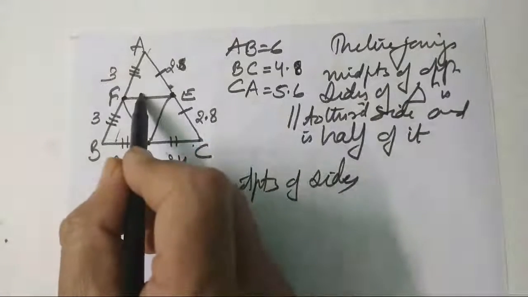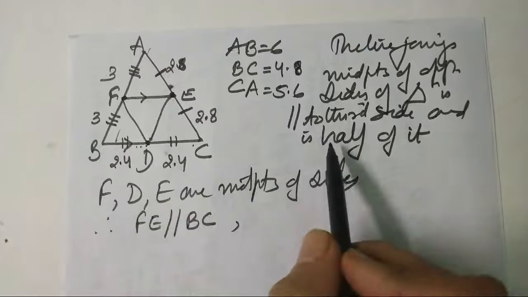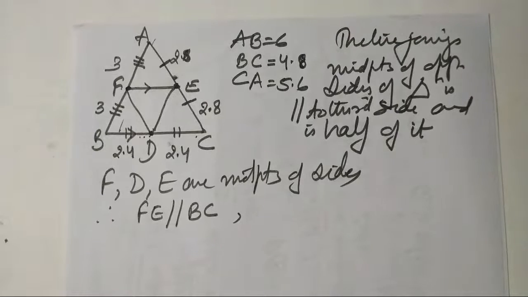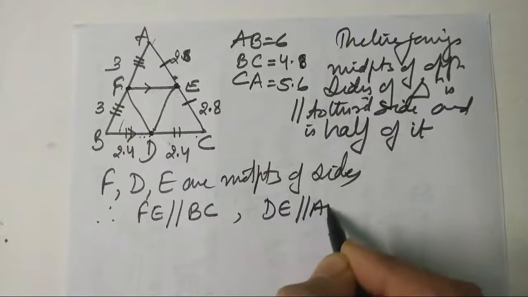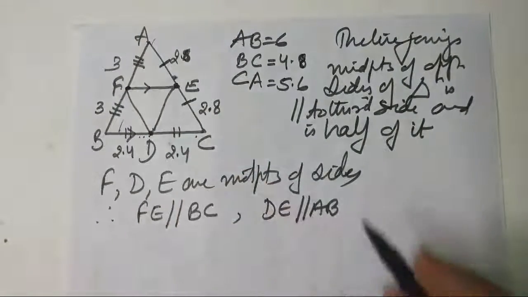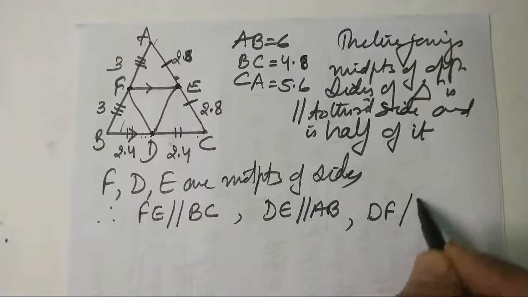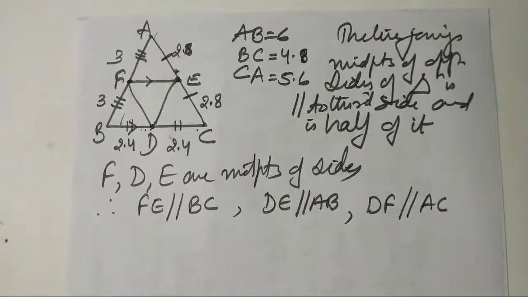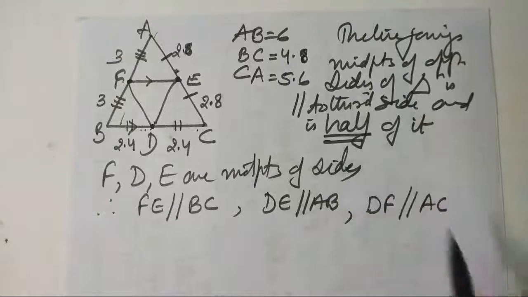FE is parallel to BC. Second, DE is parallel to AB. And DF is parallel to AC. The line joining midpoints will be parallel and it is also half.